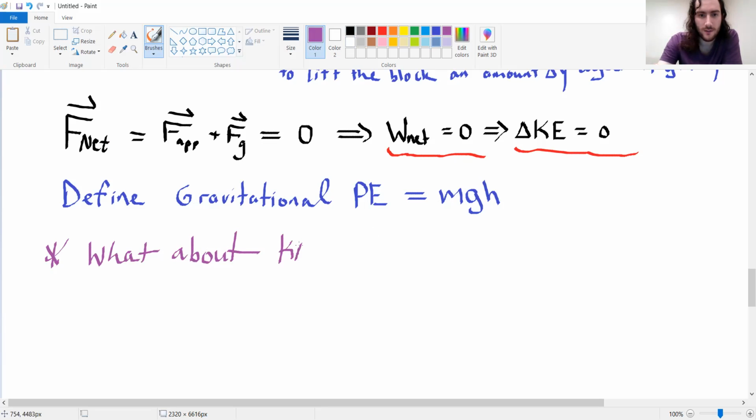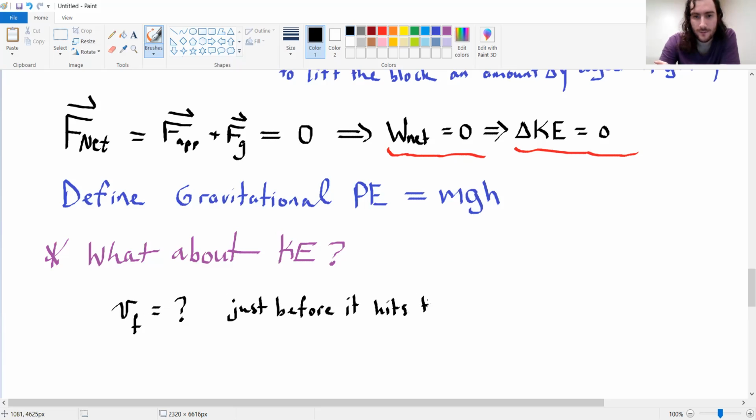Kinetic energy? Okay, is there a connection here? So how would we calculate the final velocity that this mass has just before it hits the surface or hits the ground?